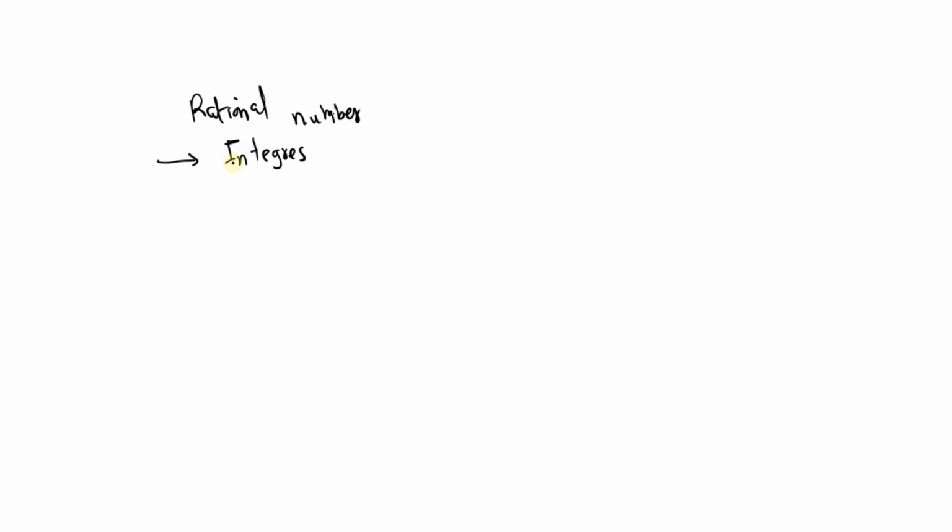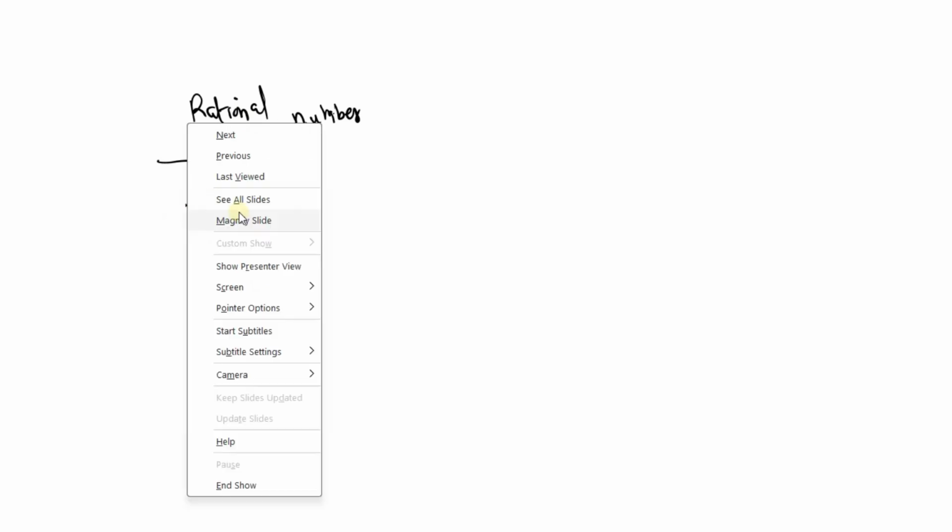So then we have to talk about whole numbers and then natural numbers. But since we are taking it from a bigger set into a smaller set, we'll talk about the whole numbers and the natural numbers in a bit. So the integers are the whole numbers and their negatives.